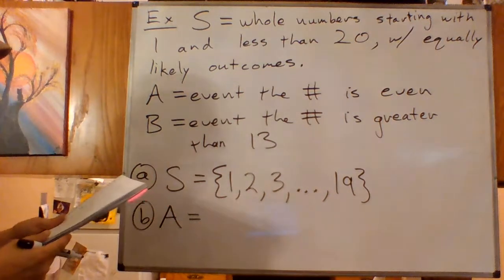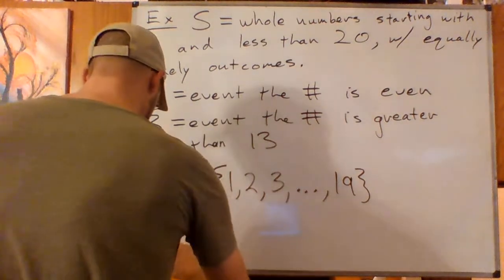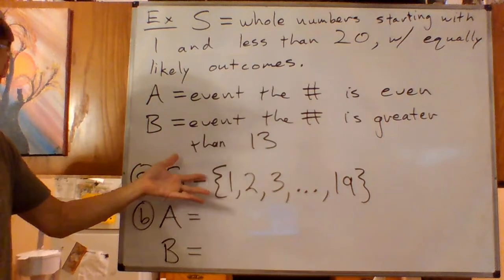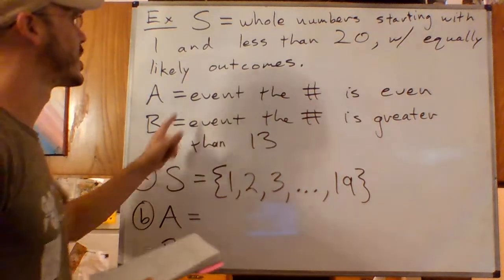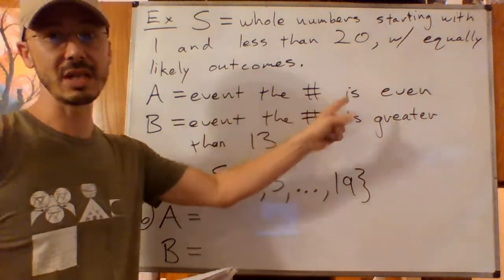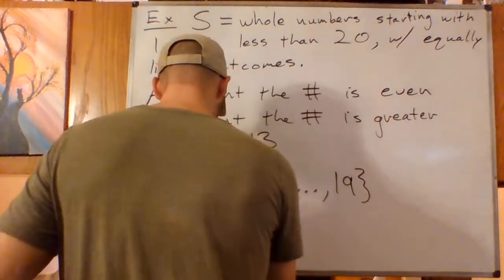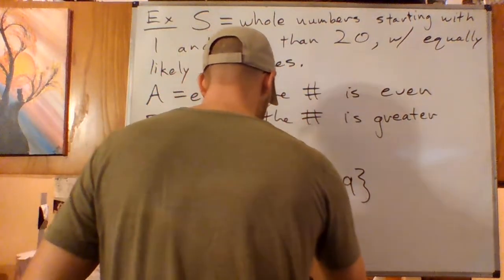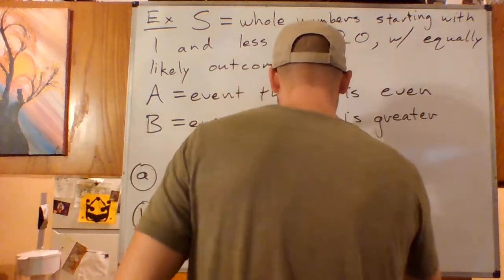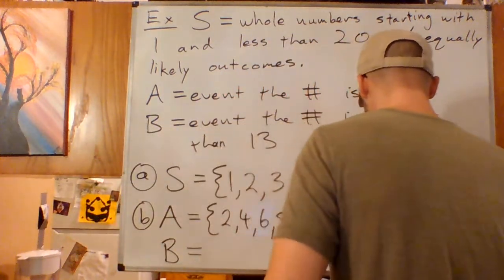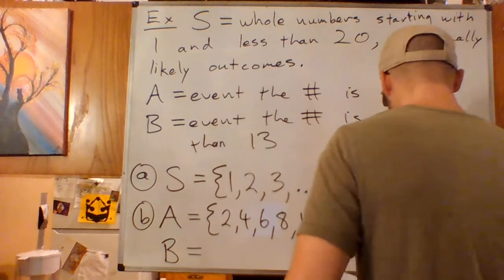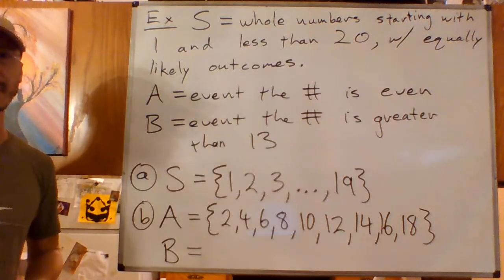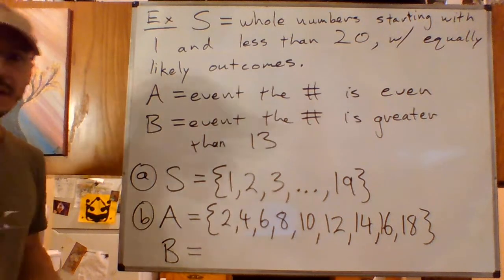Part B asks us to find A and B in this set or list notation. So A is the event the number is even. So the even numbers that are in this sample space are 2, 4, 6, 8, 10, 12, 14, 16, and 18. All the other numbers are odd.